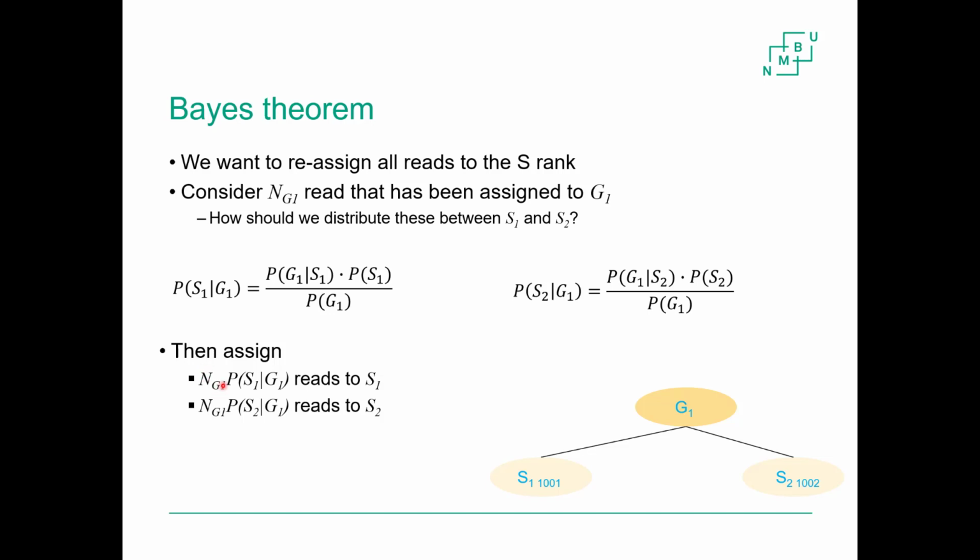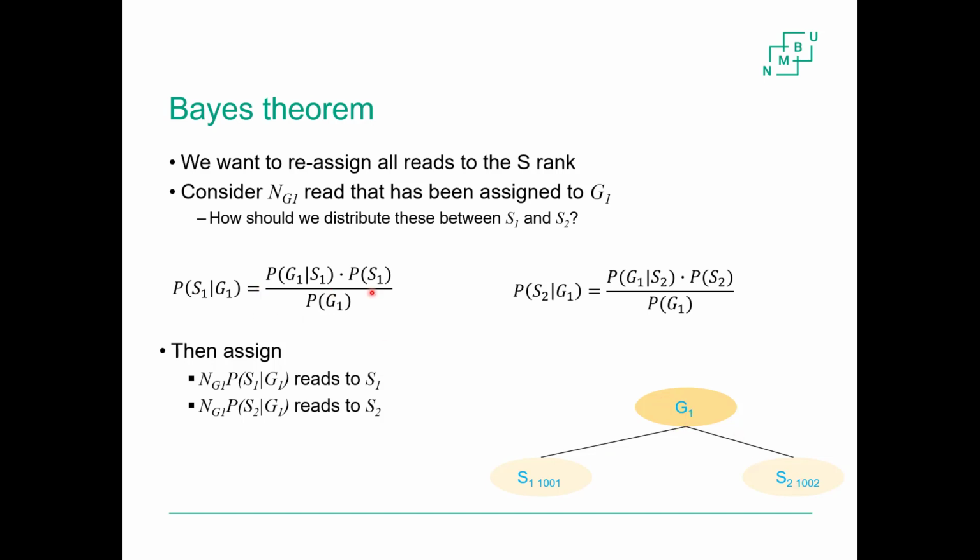Take the whole number of reads that you have up here and use these probabilities just as fractions, right? So if this is 0.7 and this is 0.3, then 70% of the reads are assigned down here and 30% down here.